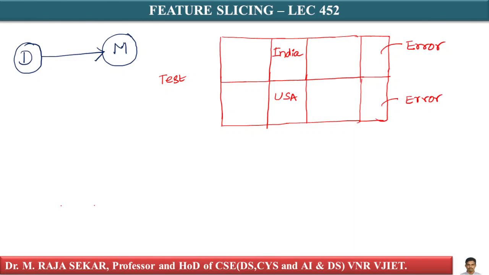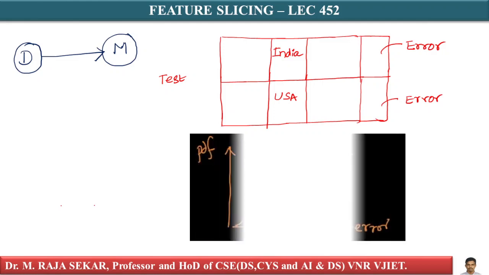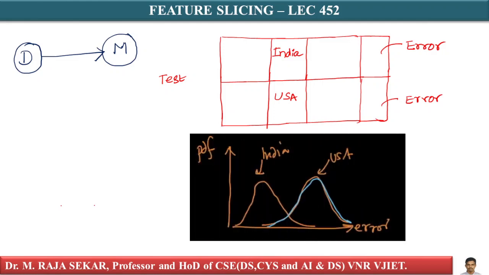Let's plot these distributions. Suppose the distribution of errors on India is like this, and the distribution of errors on USA is like this. On the x-axis we have error, and on the y-axis we have the PDF of errors. That is important.